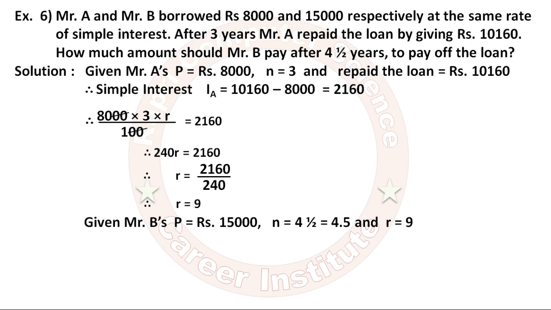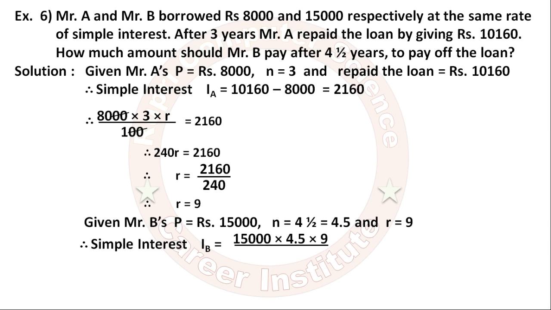Now to find the simple interest of Mr. B, I put the word IB, that is, simple interest for Mr. B is equal to 15,000 into 4.5 into 9 whole divided by 100.